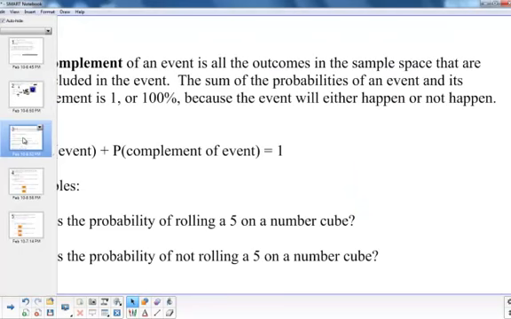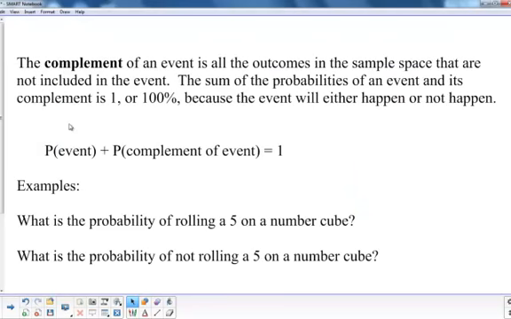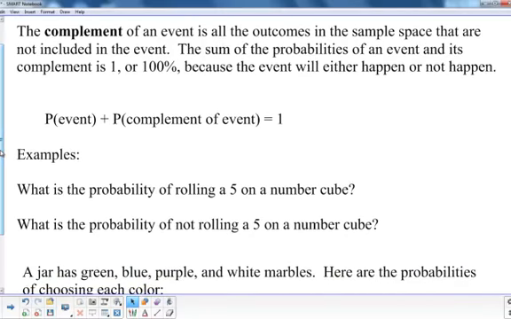If you were asked to find the experimental probability, you would actually do an experiment and then find the probability from your outcomes. The complement of an event is that they'll all add up to 100%. So the probability of the event plus the probability of the complement, everything that didn't occur, will always equal 100%, which is 1.